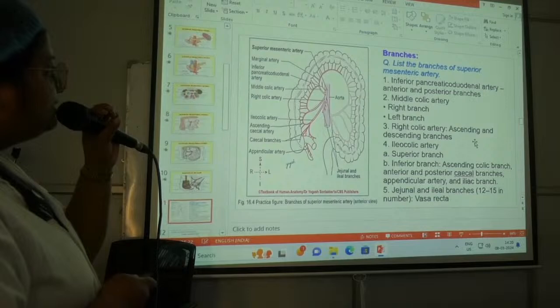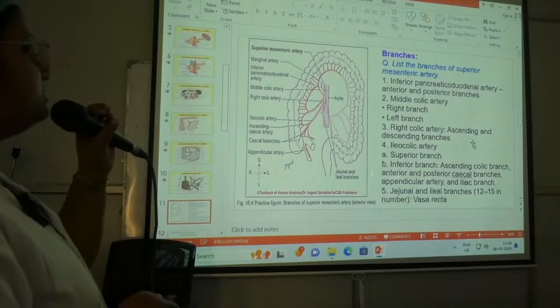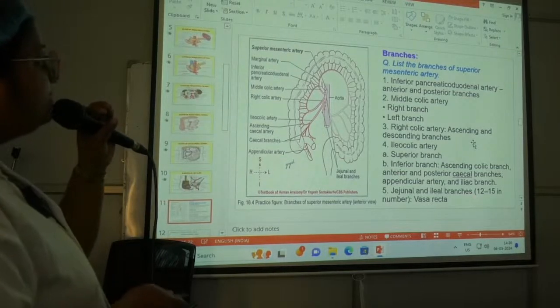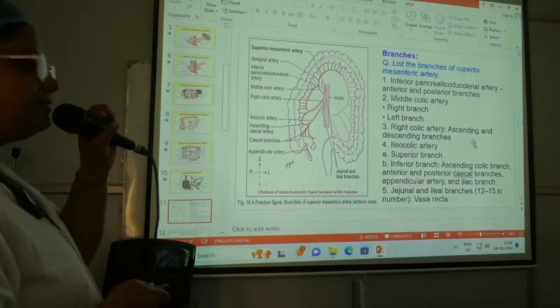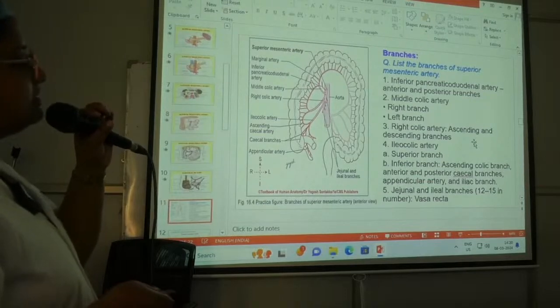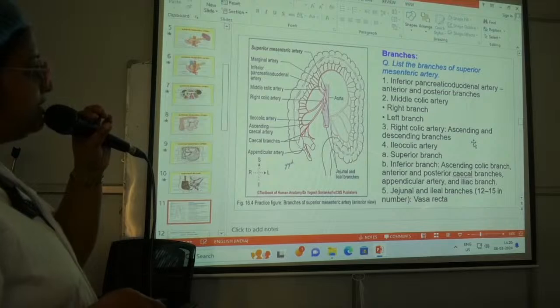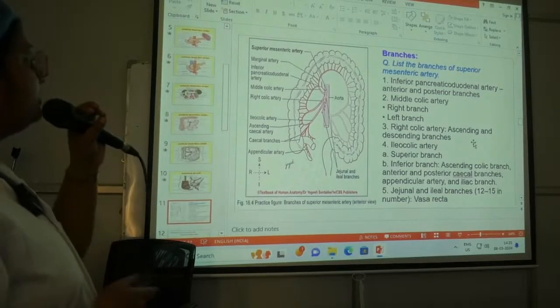Here is superior, here is inferior. The inferior branch gives the ascending colic branch, anterior and posterior cecal branches, appendicular artery, and ileal branch. Then there are jejunal and ileal branches, 12 to 15 in number, forming the vasa recta. Next.